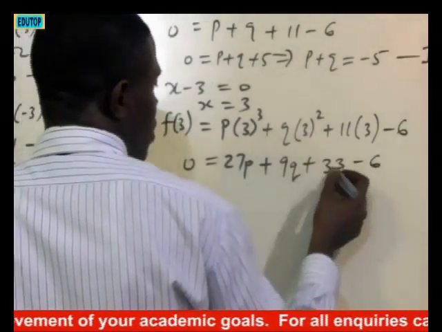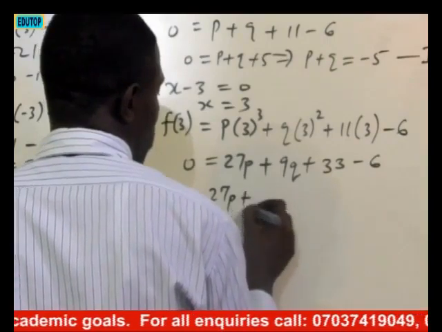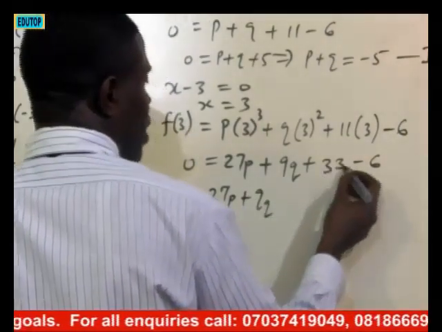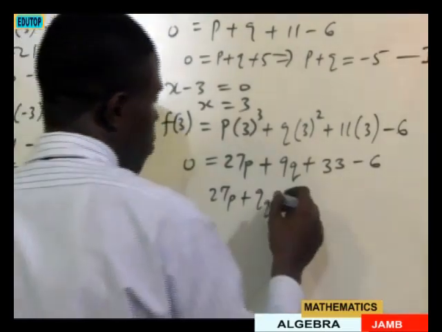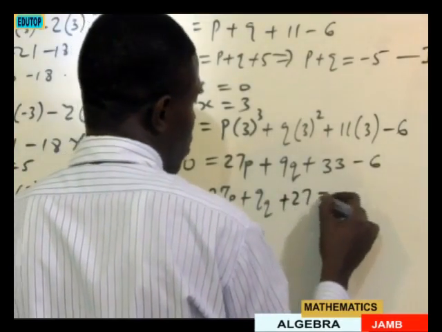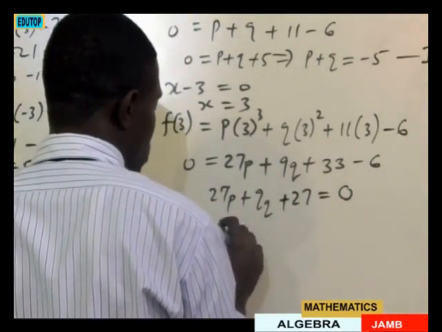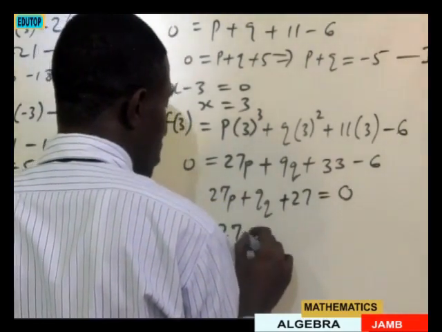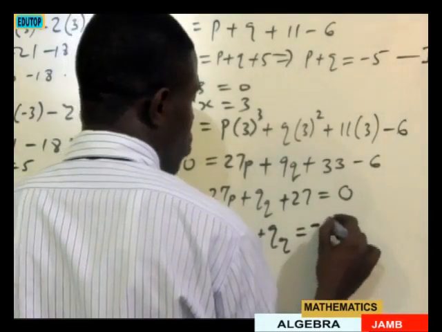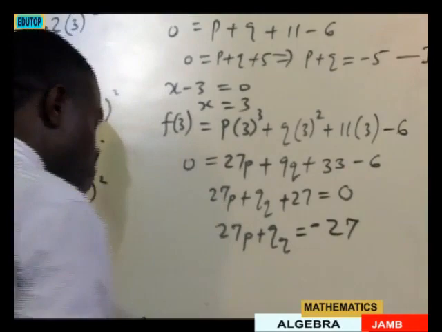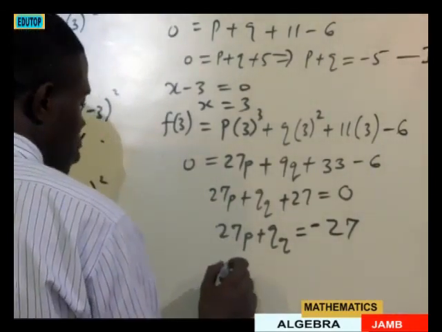So I will have 27p plus 9q, and 33 minus 6 will definitely give me plus 27 equals to 0. Then I'll have 27p plus 9q equals to minus 27. 9 can divide through. Divide this by 9, I will have 3p.